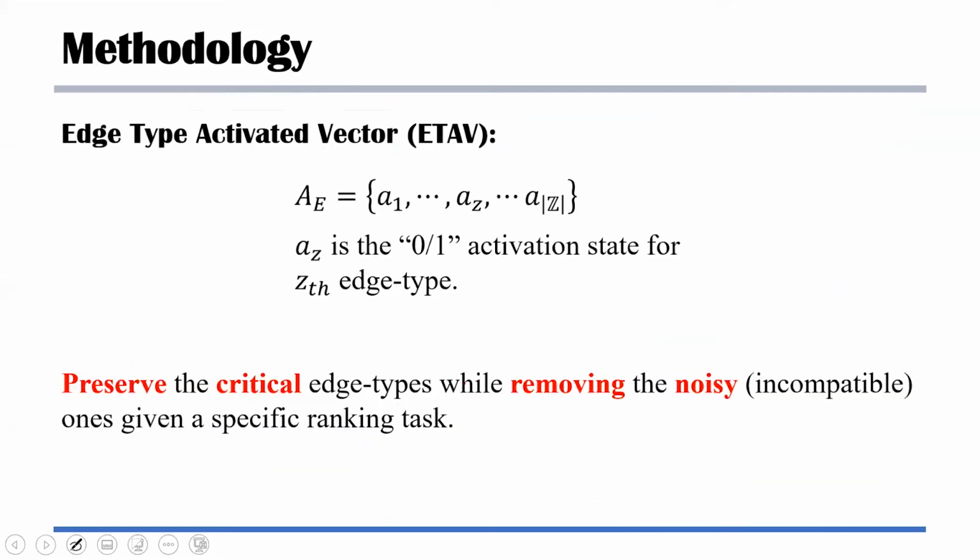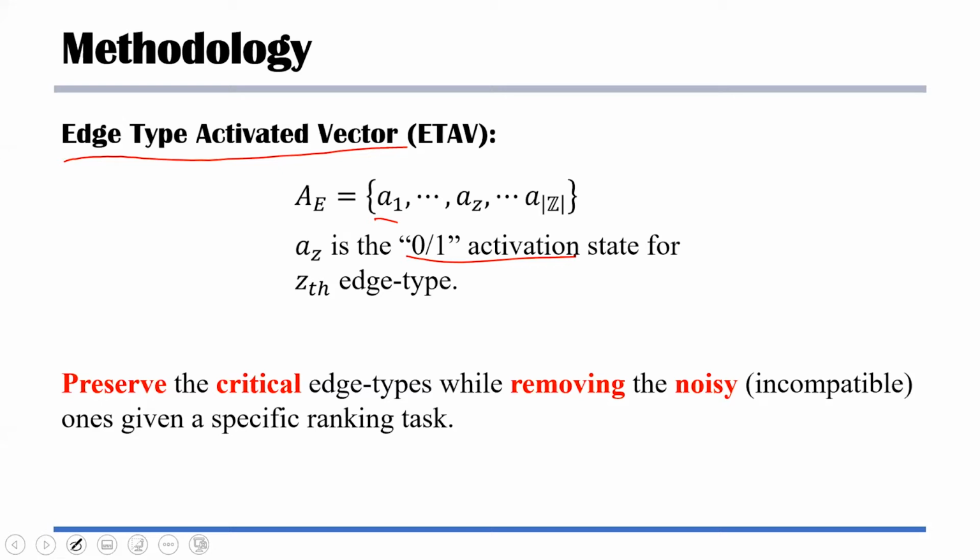So in sum, we create something called an edge type activated vector. Each dimension represents one specific type of edge, and we use 0 and 1 as the activation state, as the activation strategy.